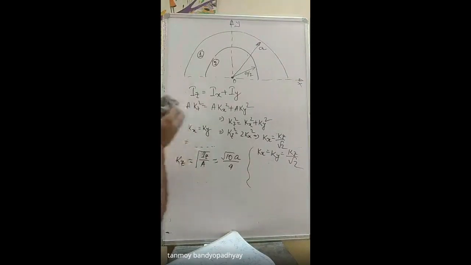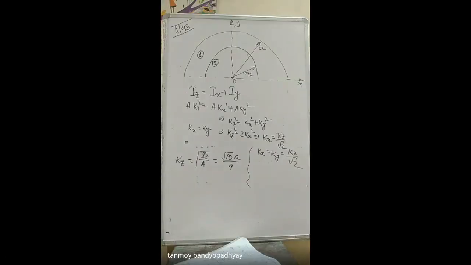So let's start with problem number A43. It's a problem related to composite figures, which is a difficult one and which we are supposed to understand. Okay, so let's start with problem number A43.